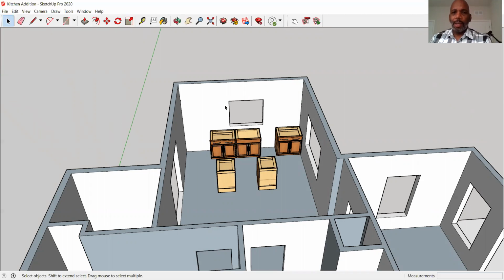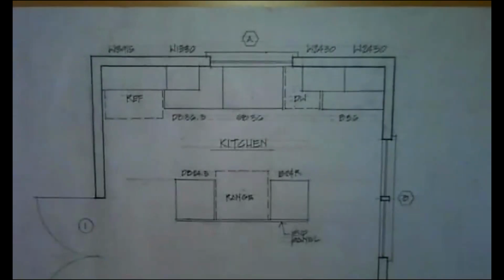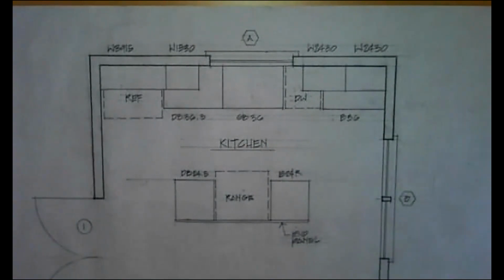So now I want to add my wall cabinets, right? I've decided to use 30-inch wall cabinets. So let me make reference to my enlarged plan. Good. You can see my enlarged plan here.